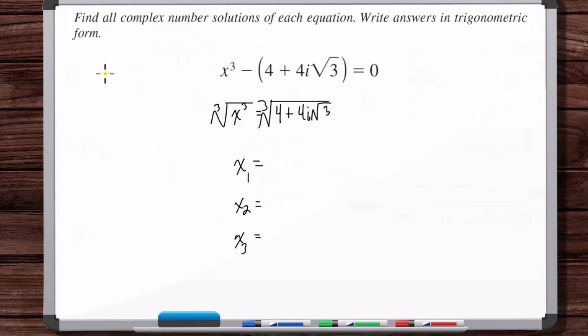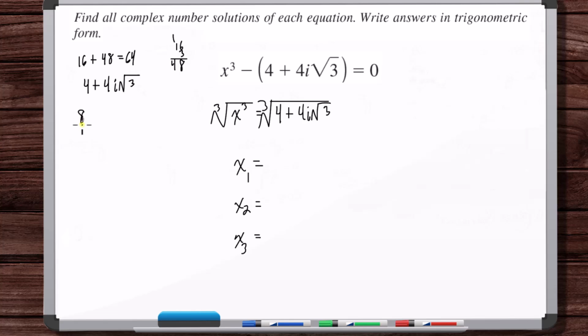All right, well, let's so 4 plus 4i root 3. Okay, so let's get the radius. So, okay, 16 plus 16 times 3, 48. So that's 64. So the square root of 64.